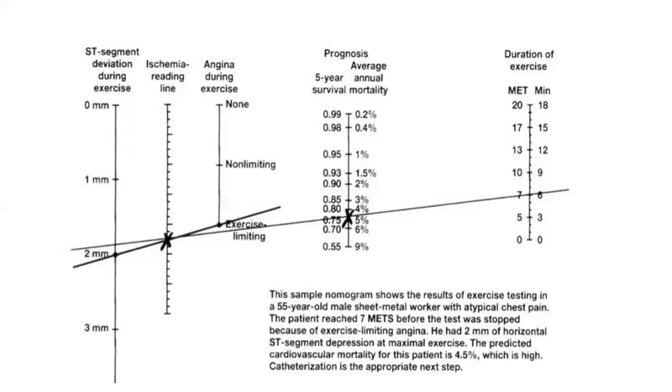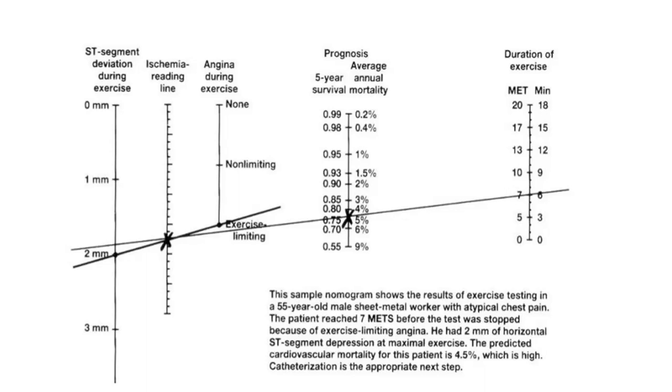You can have a look at this chart. The sample nomogram shows the result of exercise testing in a 55-year-old male sheet metal worker with typical chest pain. The patient reached 7 METs before the test was stopped because of exercise limiting angina.